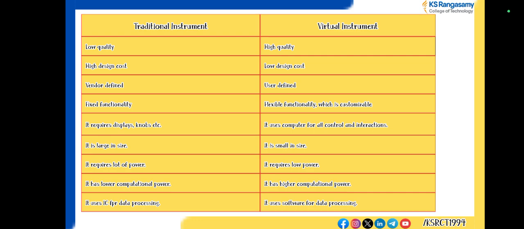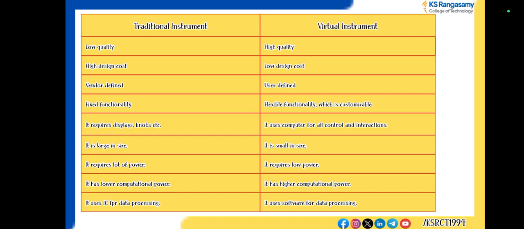It has low power consumption, as well as low computational power in traditional instruments, because they have the capability to display some values, but they don't have computational power. The user has to collect the data, manually calculate the computations, and finally come to the conclusions.